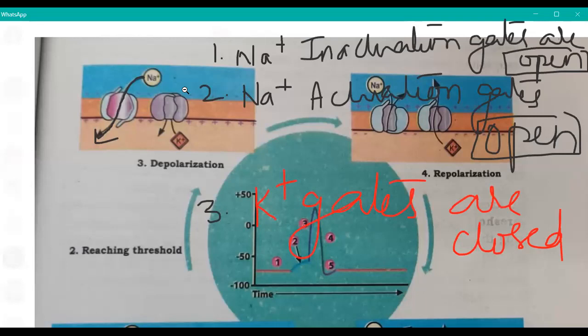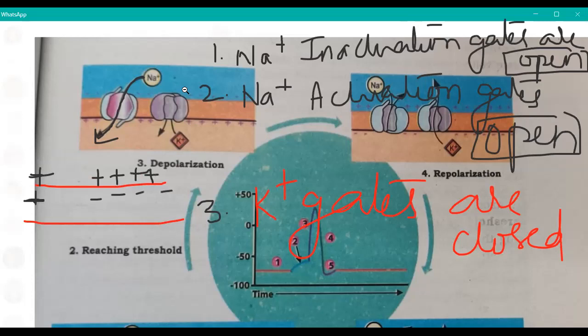Also, we need to see here there is a charge difference. When depolarization occurs, what is the normal condition? The normal condition is outside positive, inside negative, isn't it?